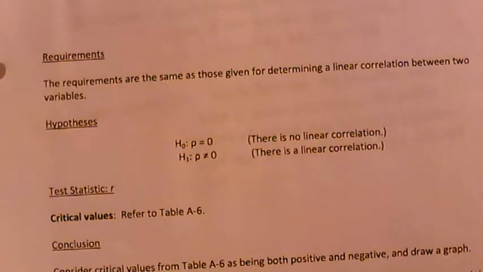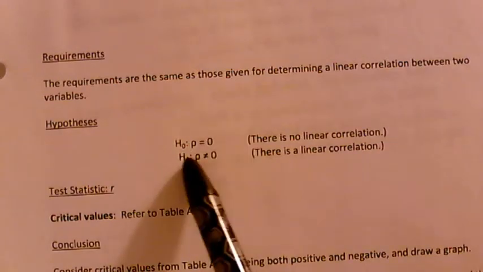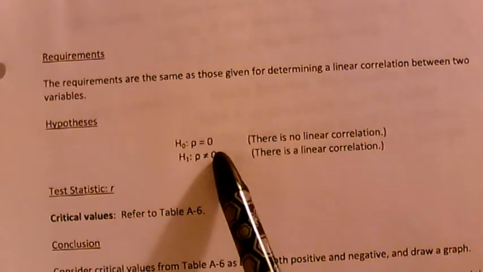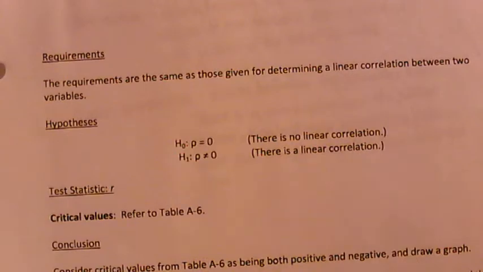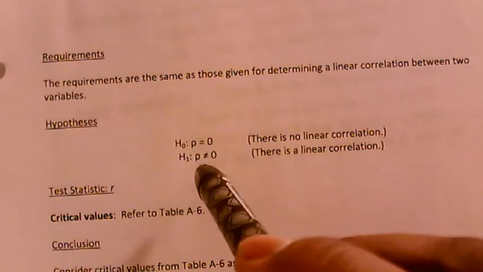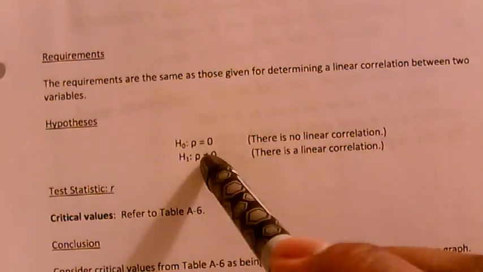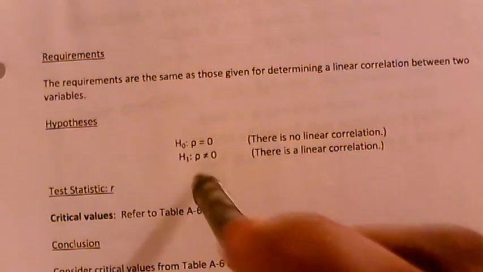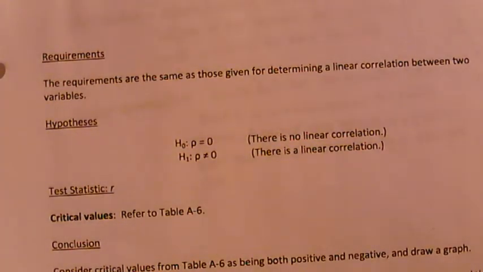Now, here's the setup of your null and your alternative hypothesis for a linear correlation. Your null is always going to be this: rho is equal to 0, meaning that there is no linear correlation. And your alternative will be rho is not equal to 0, meaning there is a linear correlation. You will not have to worry about the less than or the greater than in a linear correlation when you're doing hypothesis testing, because you're either going to have a linear correlation or you will not have a linear correlation between the two variables.